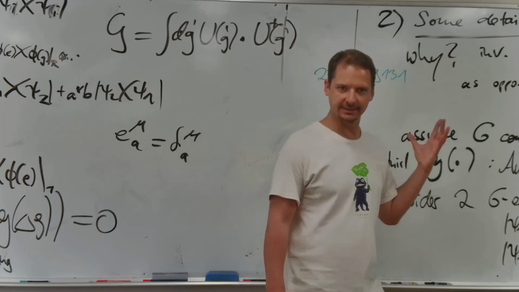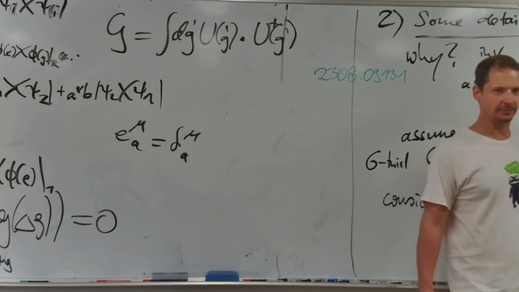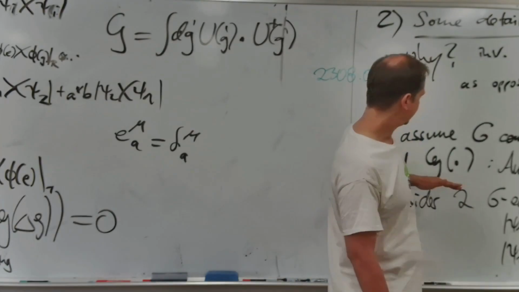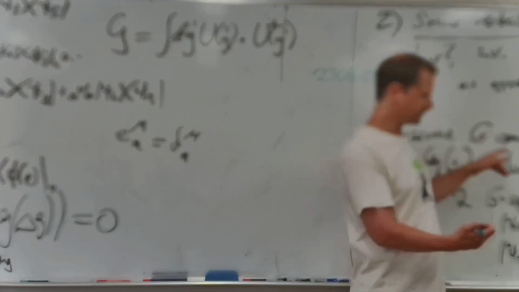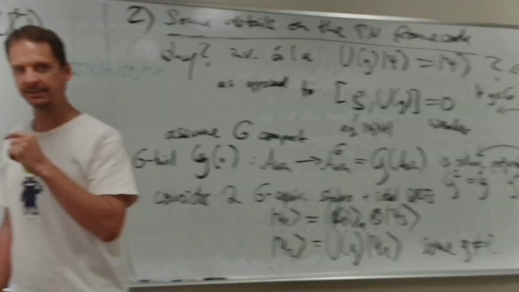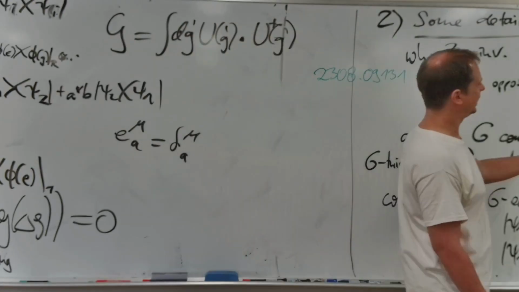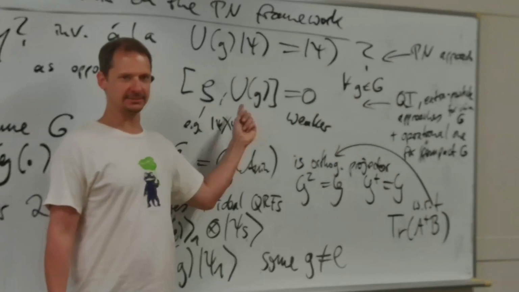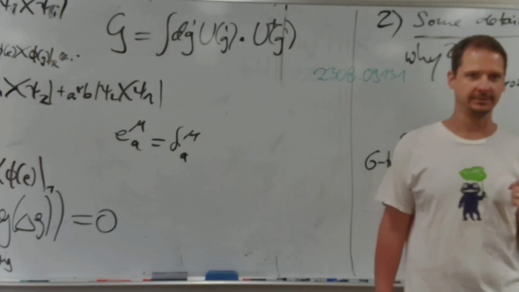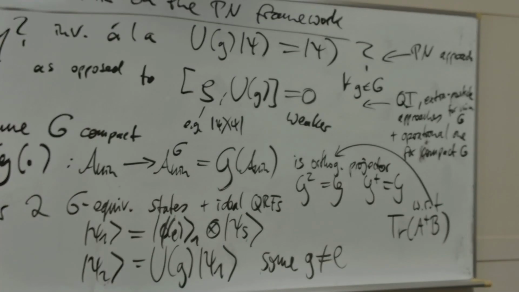But that's the way you would define it if that's the route you want to go, because of the statement that the G-twirl, in the case of G compact, is an orthogonal projector onto the G-invariant subalgebra. This means that any state that obeys this condition you get by projecting kinematical states with this G-twirl. You cover everything with that.